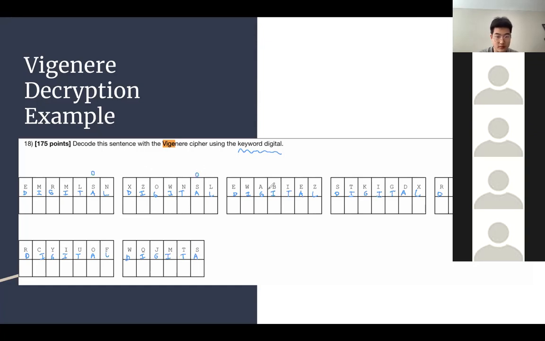So 0, and then we have a couple A's up top too. 3, 8, 6, 8. Yeah, nice. This is what I meant about having it below, because this is a ciphertext A, so I put the 0 up top, and this is a keyword G, so I put the 6 below because we want to do 0 minus 6 and not the other way around.